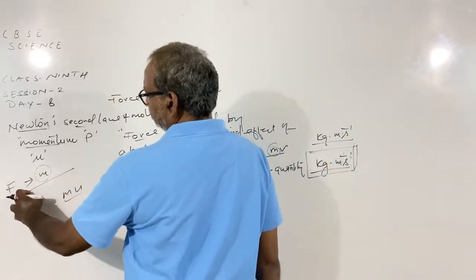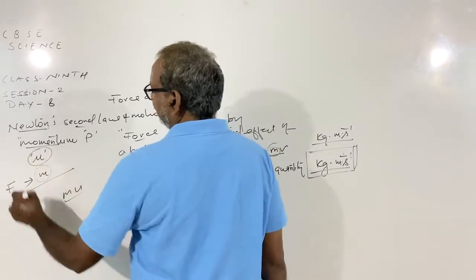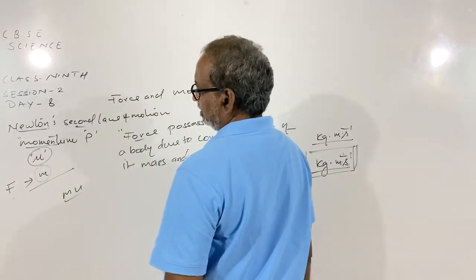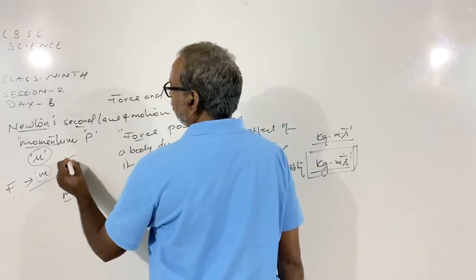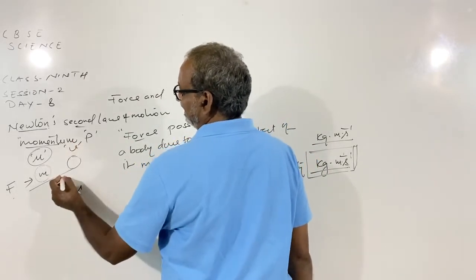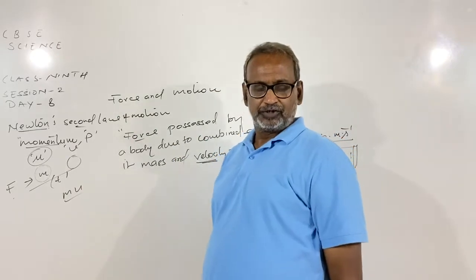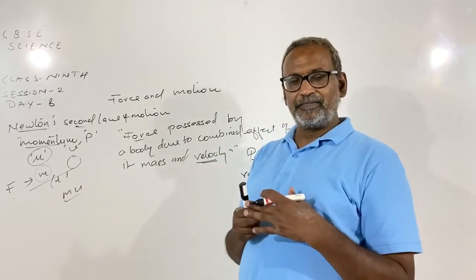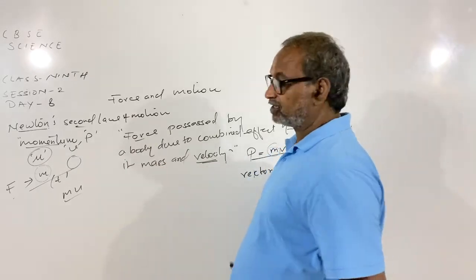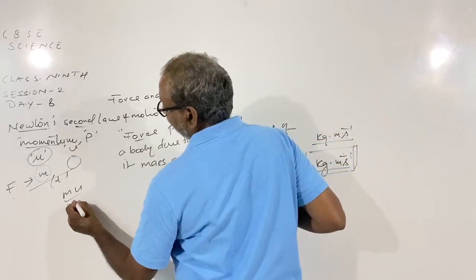Since the force is being applied, its velocity is likely to change. Let its velocity change from u to v in t time. So the momentum of the body after the application of the force is mv.